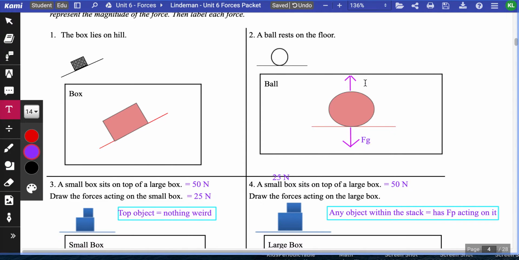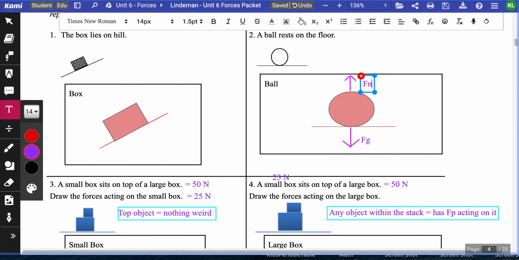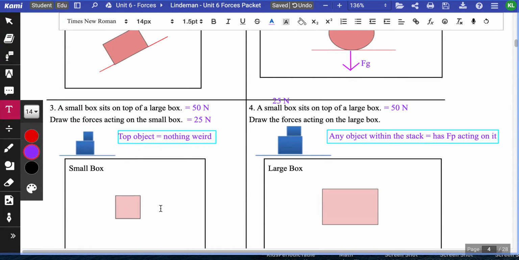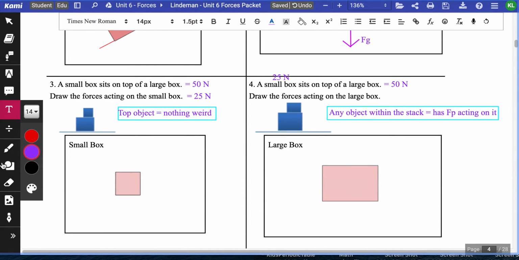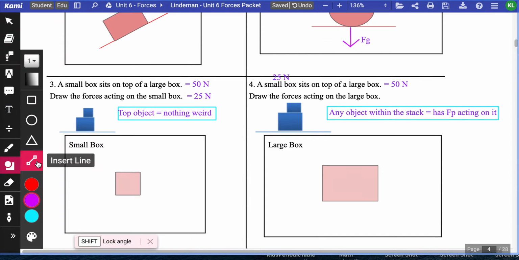And remember, we always draw normal force perpendicular to whatever surface the object is on. Gravity force always points to the bottom of the page. Okay. So for the top object, nothing is weird. The only thing that's new here is that we have actual forces to label.